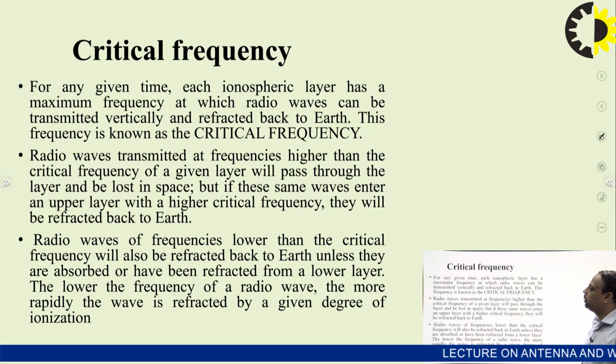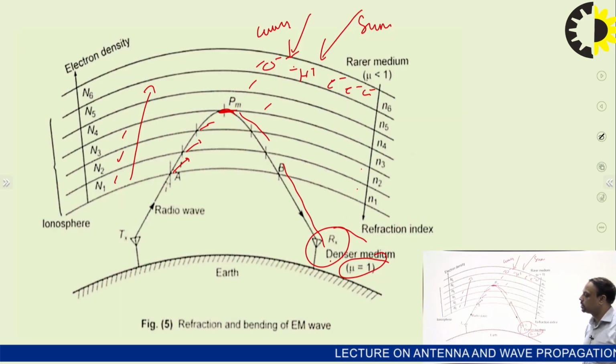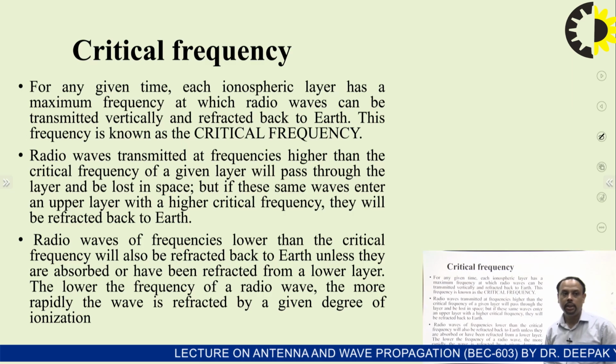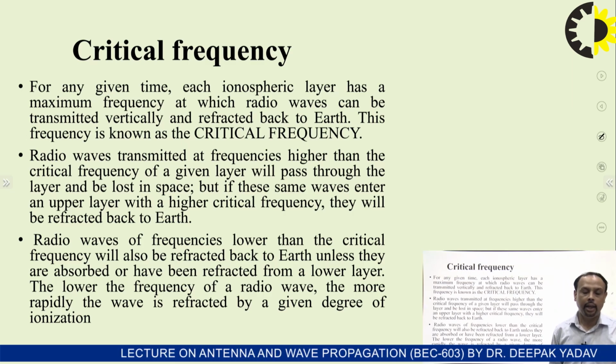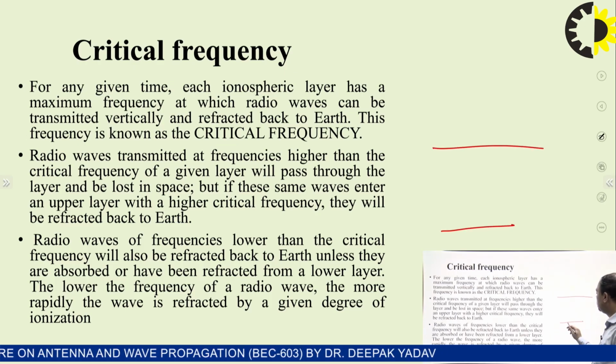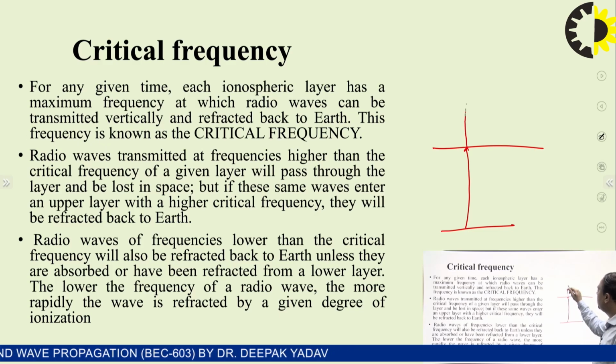Now there are multiple terms connected with this total internal reflection and the sky wave phenomenon. The first one is the critical frequency. The critical frequency is the frequency at which, if we send the wave vertically upward from the ground to the ionosphere, the wave gets reflected back to the earth.